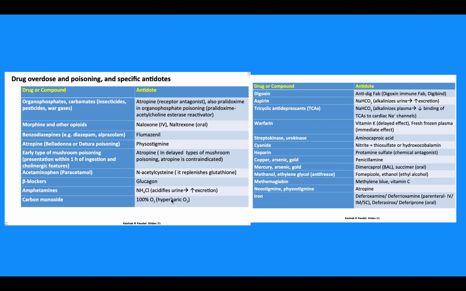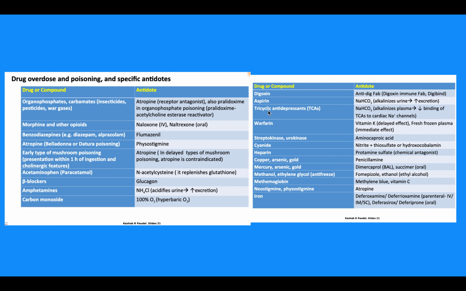Carbon monoxide, 100% oxygen to compete. Aspirin, you need sodium bicarbonate to alkalinize the urine to increase excretion. Remember, this is the one notable exception, because usually you want to acidify the urine to excrete other drugs.